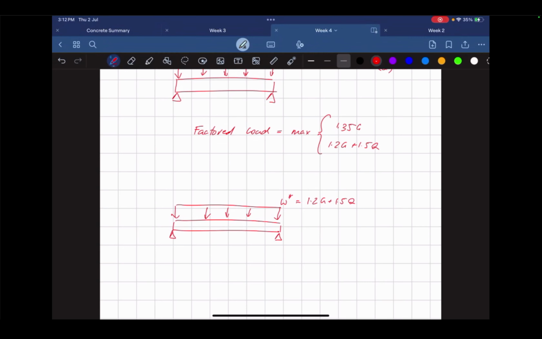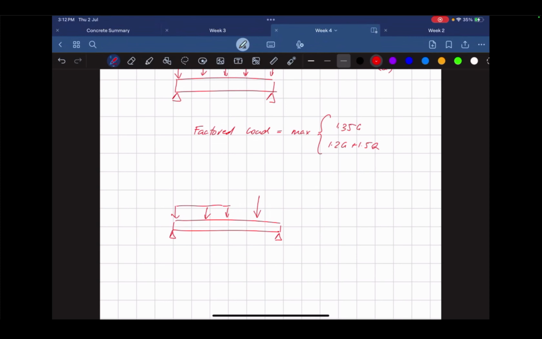What if there's a distributed load like this and there's also a point load? Very good point. If there's also a point load, they'll specify whether it's a dead load, but usually point loads are going to be live loads.